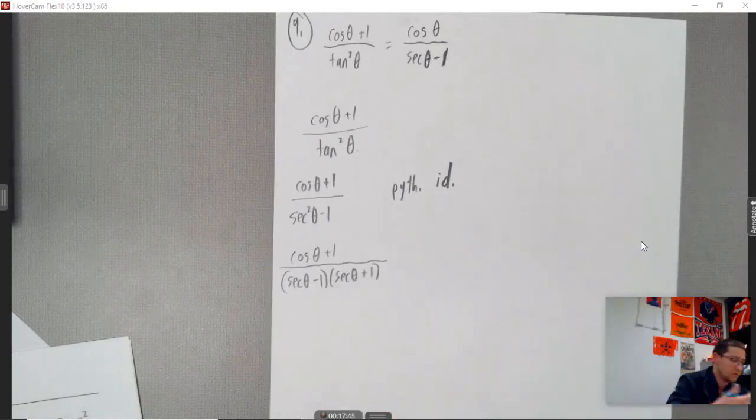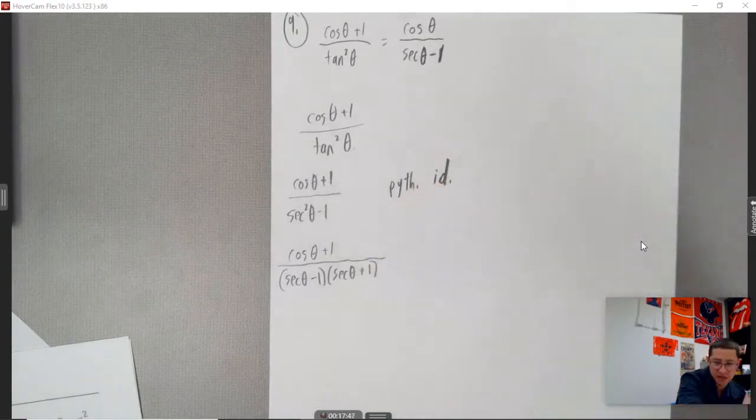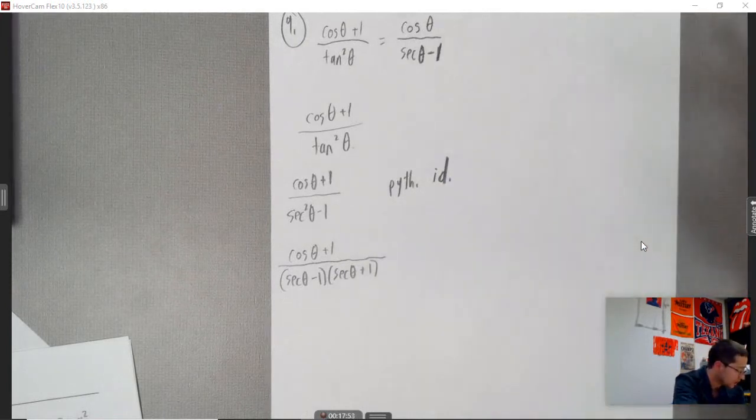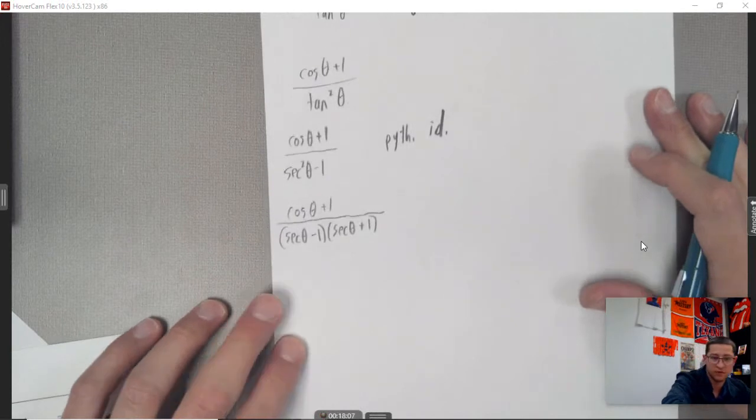We can't just put it on top to cancel it, right? That would change the value. But at some point, we're going to need a secant theta plus 1 on top in some manner. So let's try this. I don't know if this is going to work or not.